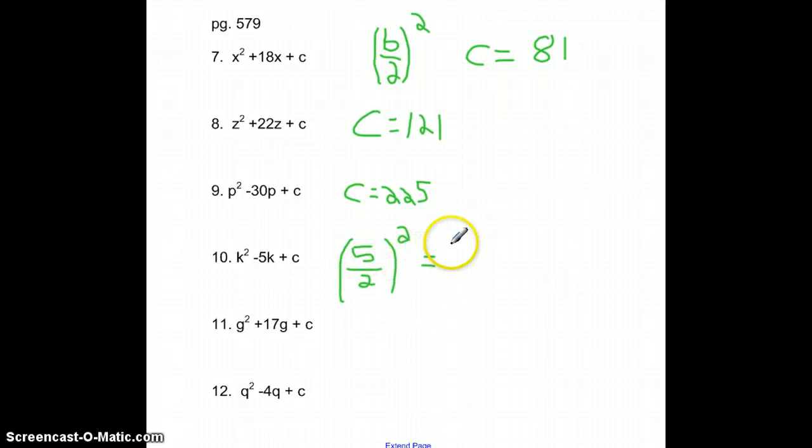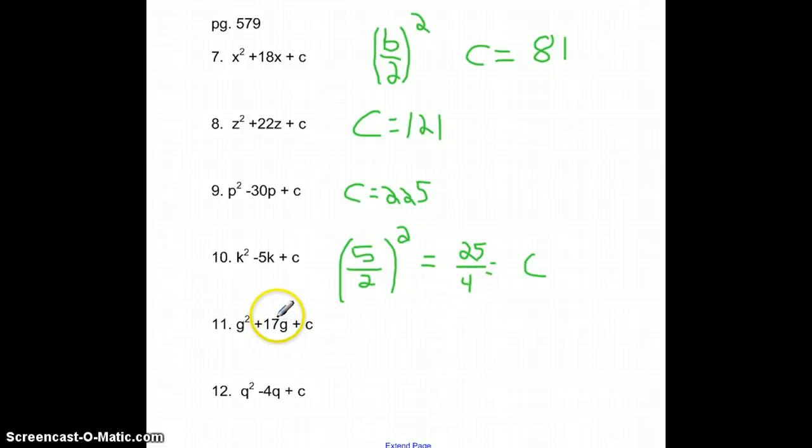If we multiplied this out, then we'd have 25 over 4. If we use this as our c value, could this be a perfect square? Yeah, absolutely. If we take the square root of the top, it's 5. The square root of the bottom is 2. It would bring us right back to this. So this is a perfect square, so this would be our c value.